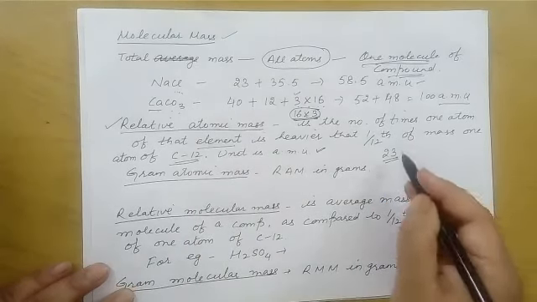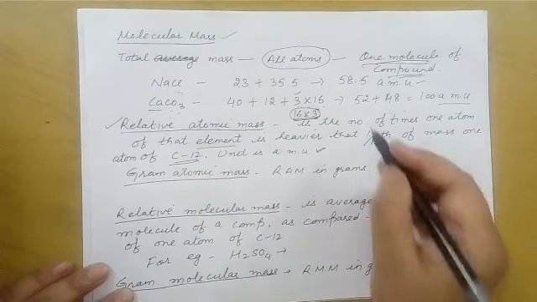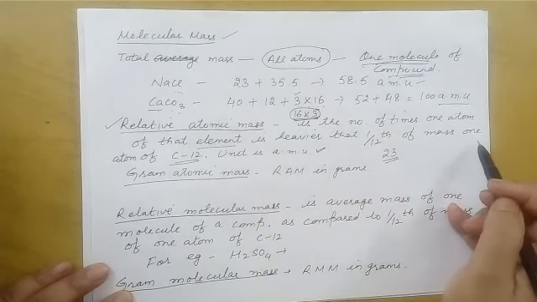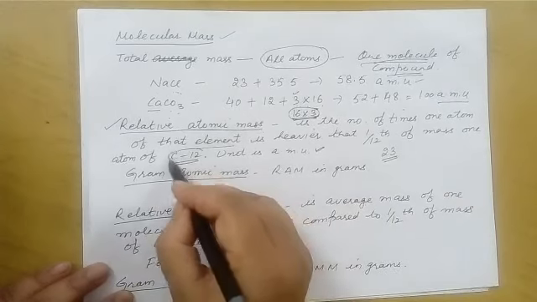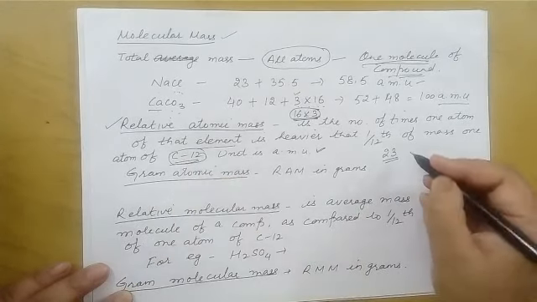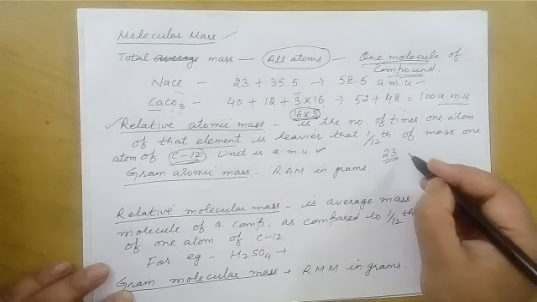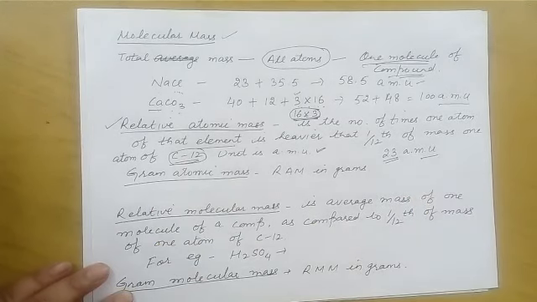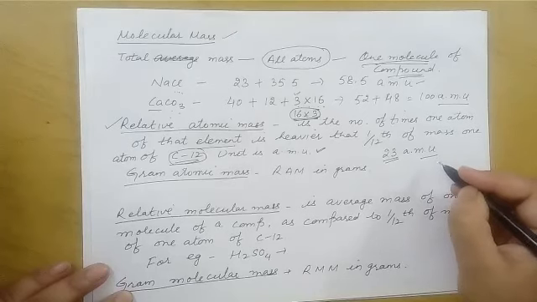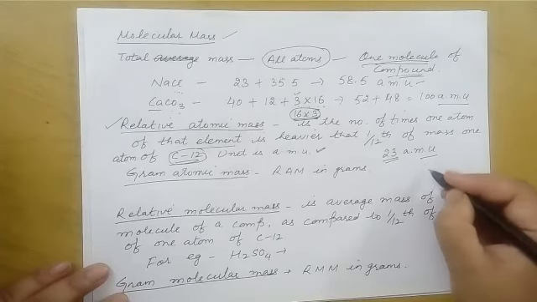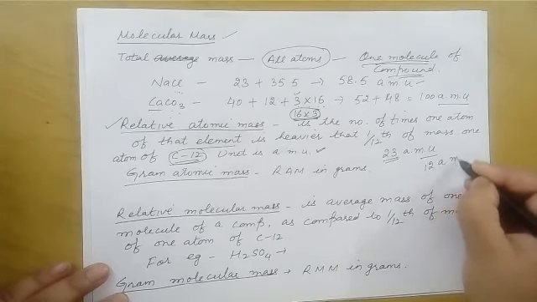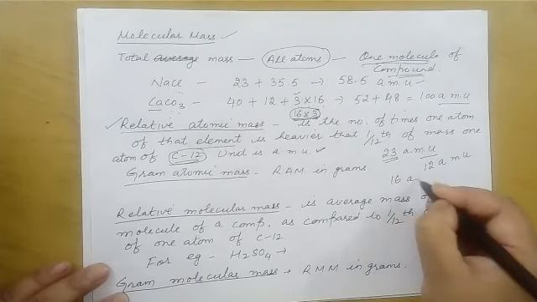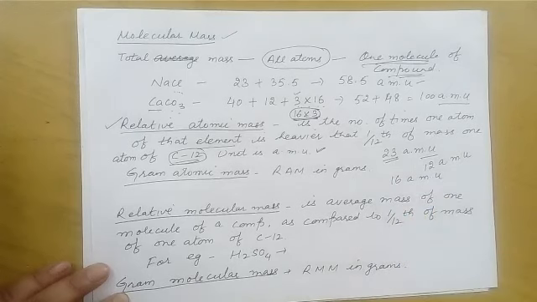So 23 times it is heavier than 1/12 of mass of one atom of carbon 12. So sodium's relative atomic mass is 23 atomic mass unit. Carbon's relative atomic mass is 12 atomic mass unit. Oxygen 16 atomic mass unit.